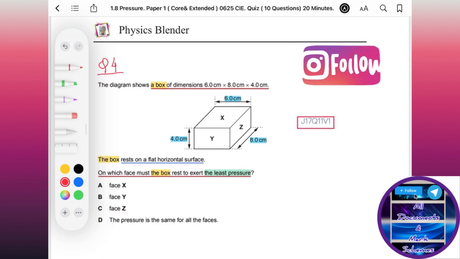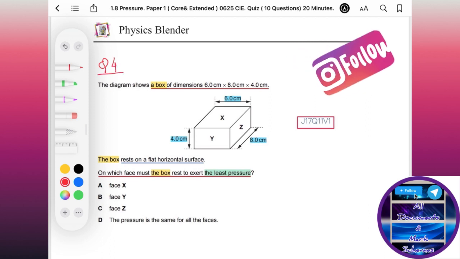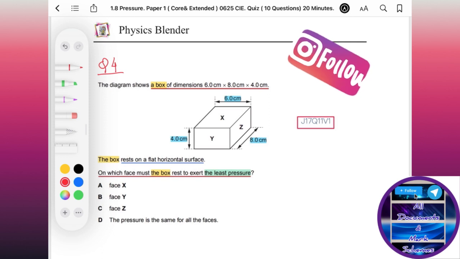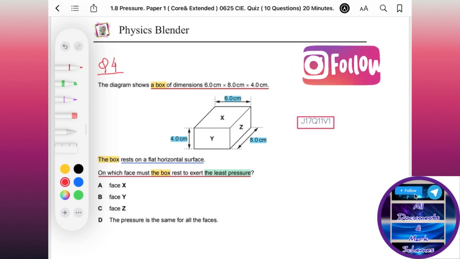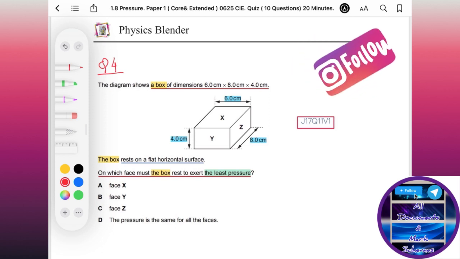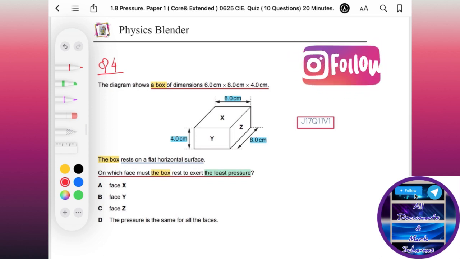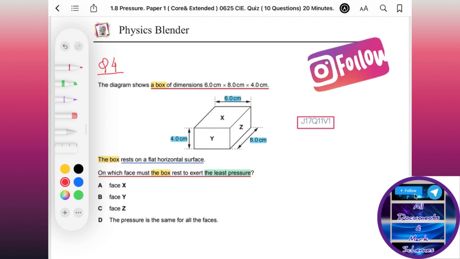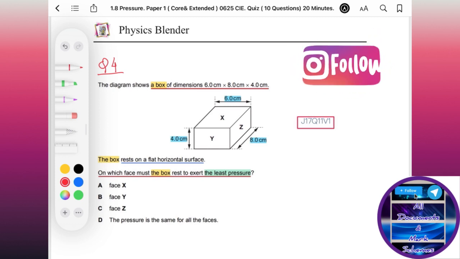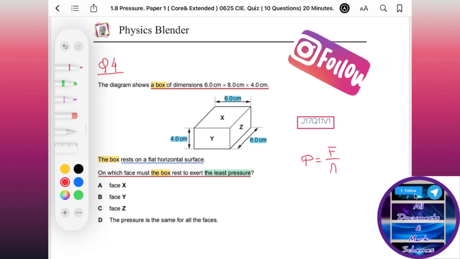The diagram shows a box of dimensions 6, 8, 4 centimeters as shown. The box rests on a flat horizontal surface. On which face must the box rest to exert least pressure? Back to the equation, pressure is equal to force divided by area.